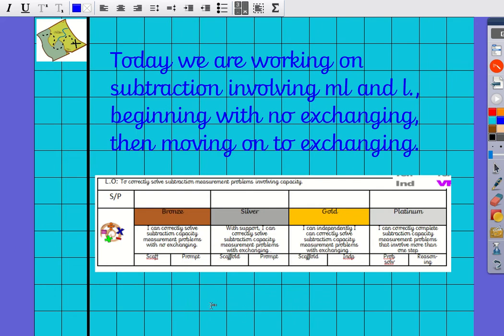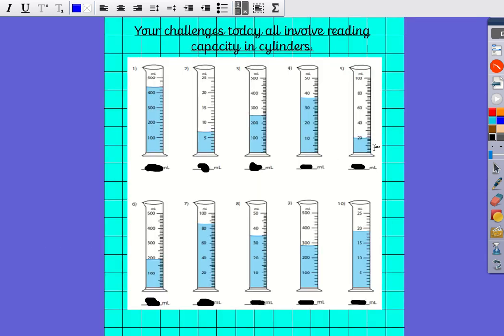We are going to be working on subtraction involving millilitres and litres, beginning with no exchanging and then moving on to exchanging. So this is the sheet that's important today, and have a little look. I have sneakily hidden the figures there, so I'm asking you to pause the video for a minute, have a little look, see what you think.